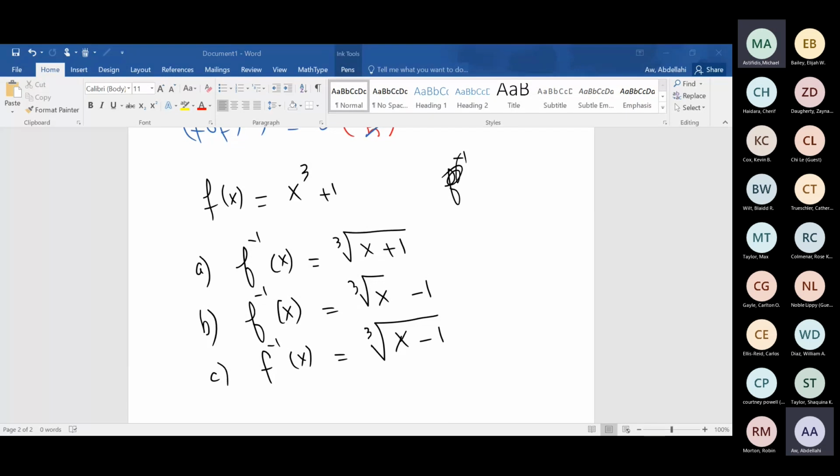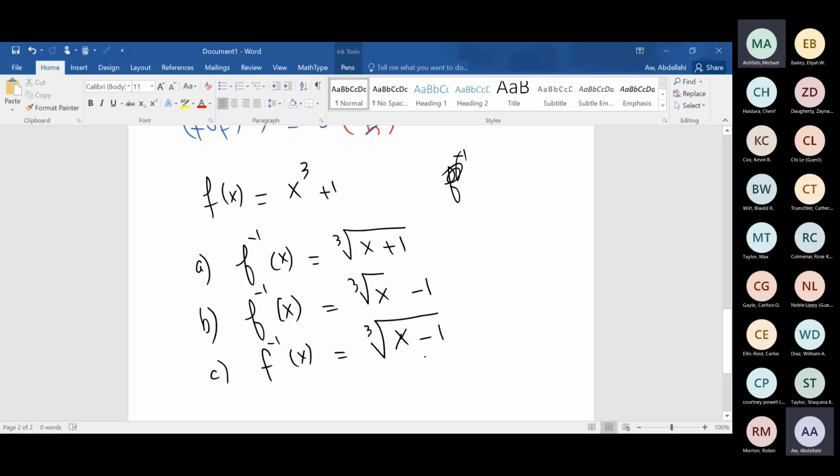If I know the process is to do x cubed plus 1 equals y, and then minus 1 get x cubed is equal to y minus 1, and then take the cube root, etc. You see how fast this is? If I have to check one by one, I have to plug in this one in here, right? And see if I get x. And if I don't get x, I go to this one. You plug in here, etc., etc. This could be hard, right? Okay, that was just a parenthesis, all right?